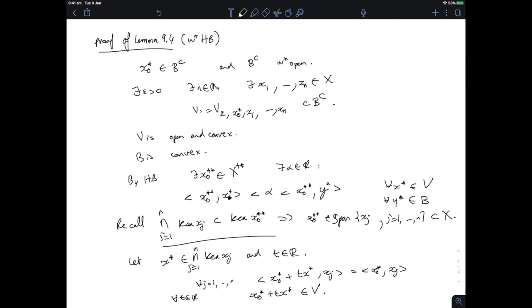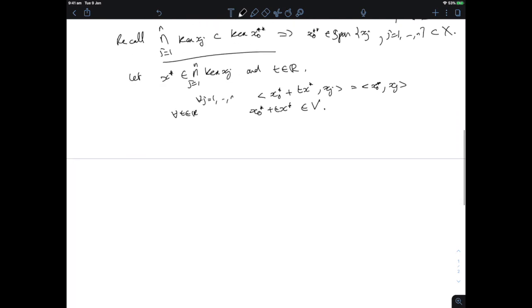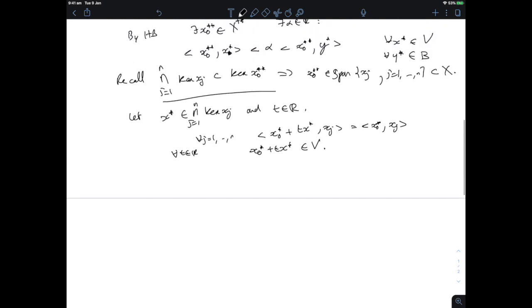Okay, but if that happens, then because I've separated V from B, I get that x naught double star tested on x naught star plus t x star will have to be smaller than alpha for every t in R. And that's not possible unless x star comma x naught double star is 0.